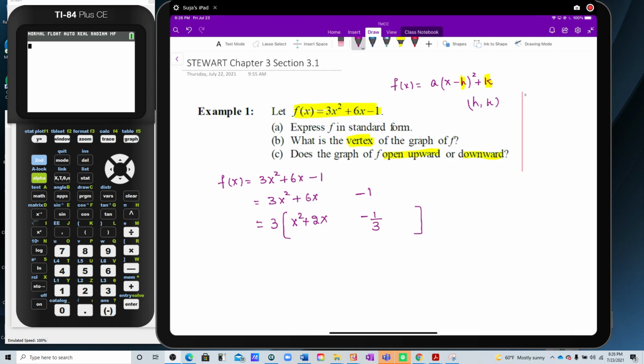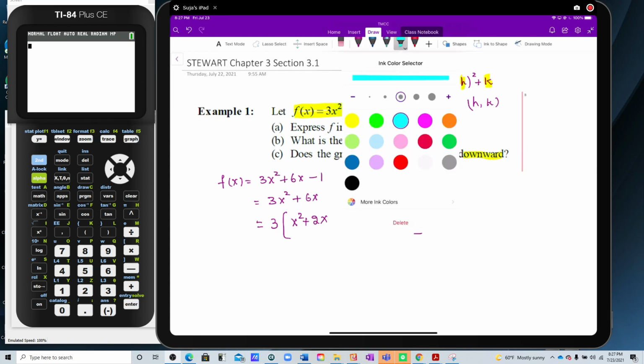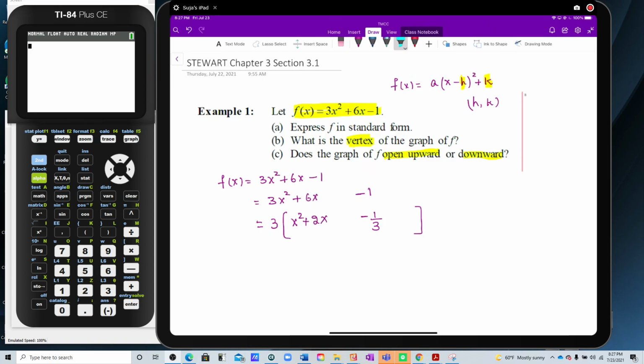The next step would be to take half the coefficient of x. Again, these are the steps that you will know if you go through the process. The coefficient of x is 2. Take half of that, which means 2 divided by 2, and I will get 1.